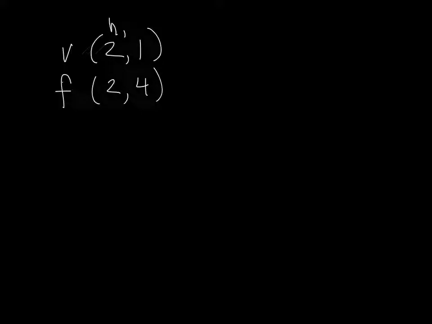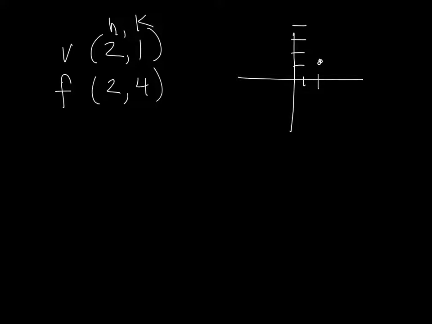In the one we did before, we want to find the standard form of the parabola with the vertex 2, 1 and the focus 2, 4. So this is h and this is k in my equation. I'm going to sketch just to make sure I understand which way it's going. Here's 2, 1, that's the vertex, and here's the focus.